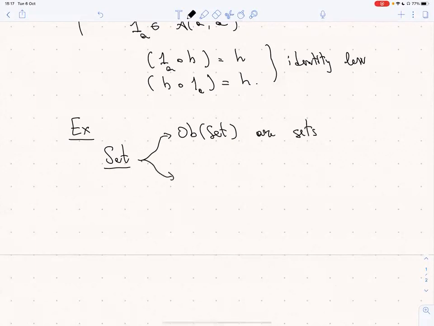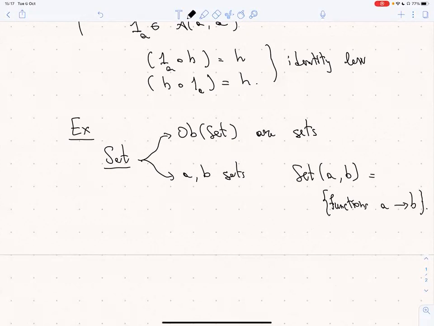And then for every A, B sets, Set(A, B) is the set of functions from A into B.